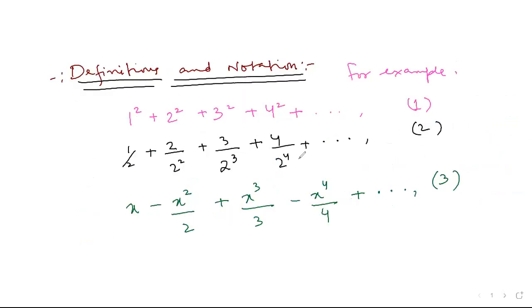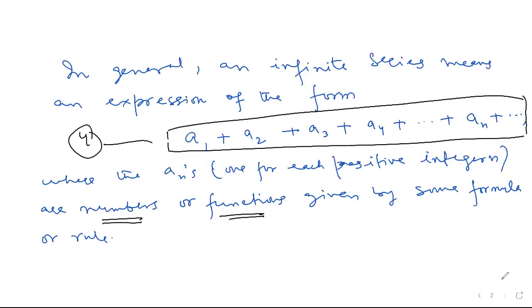As you can see in 1 and 2, these ANs are numbers, and in the third, these ANs are functions of x, right?